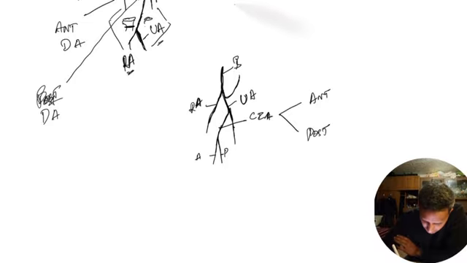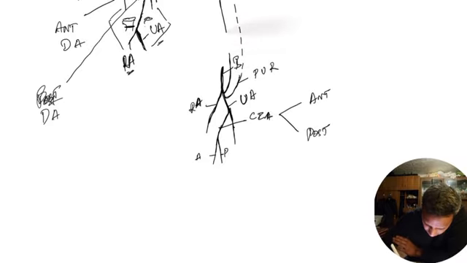So your superior ulnar collateral joins your posterior ulnar recurrent, right? And your anterior ulnar recurrent joins your inferior ulnar collateral.